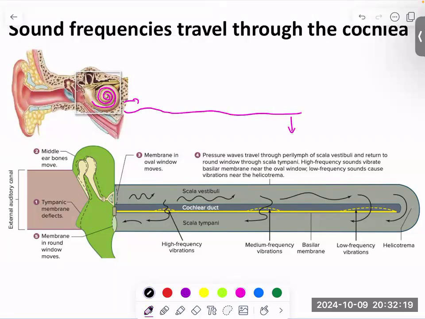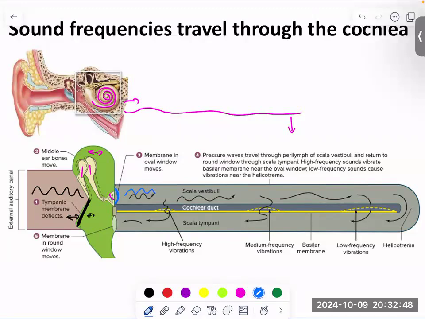So when the sound waves come in and they deflect the tympanic membrane, they make the tympanic membrane oscillate. That makes your ossicles oscillate or vibrate. They beat on the fluids in that window, and the fluids, based on the frequency, will move through the cochlea.